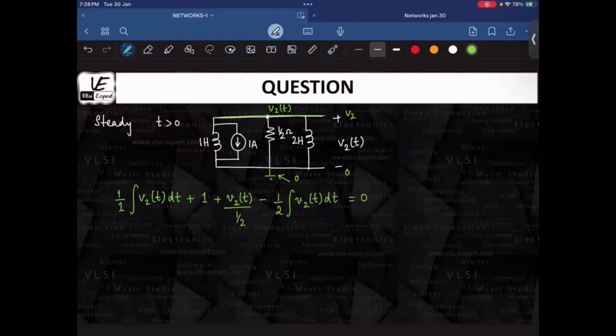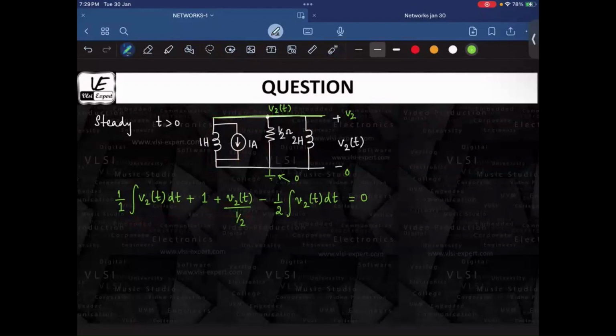Any doubt in how I have written this expression? There are 4 branches at this point: this is one branch, this is one branch, this is one branch, and this is another fourth one. So 4 branches, so 4 terms. And we are writing KCL, so current expressions.